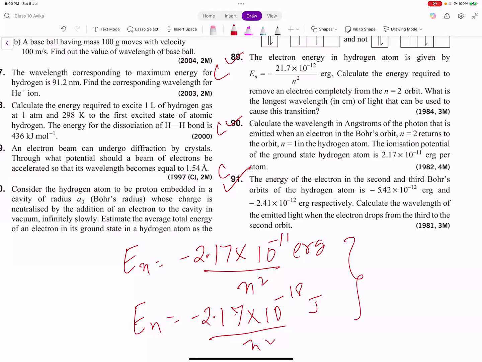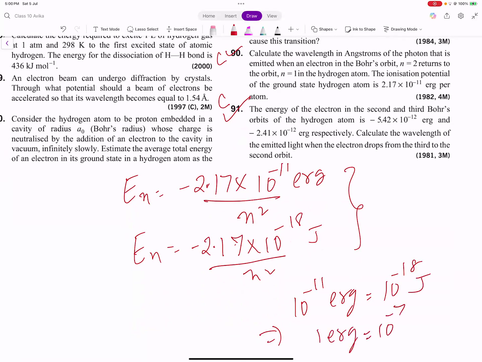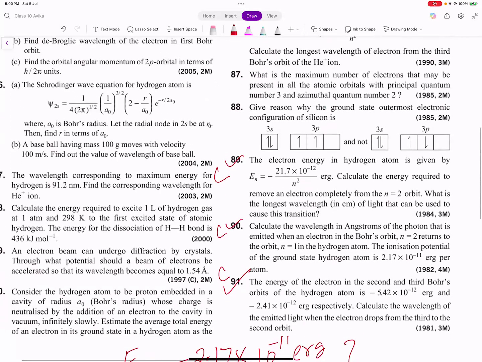So we can say that 10 to the power minus 11 erg is equal to 10 to the power minus 18 joule. So 1 erg is equal to 10 to the power minus 7 joules. Got it? You can do it.